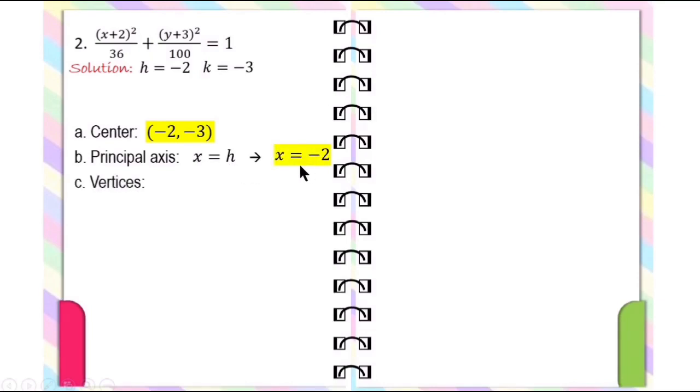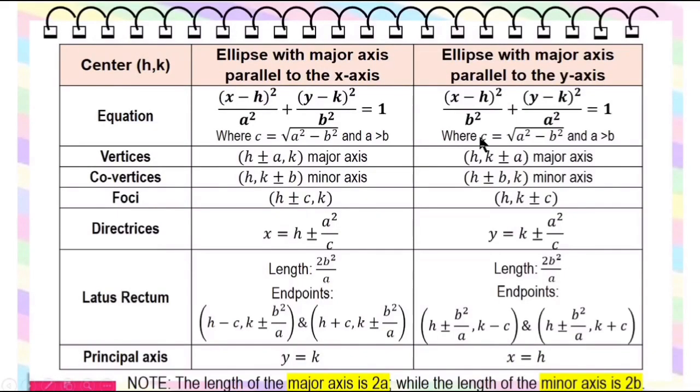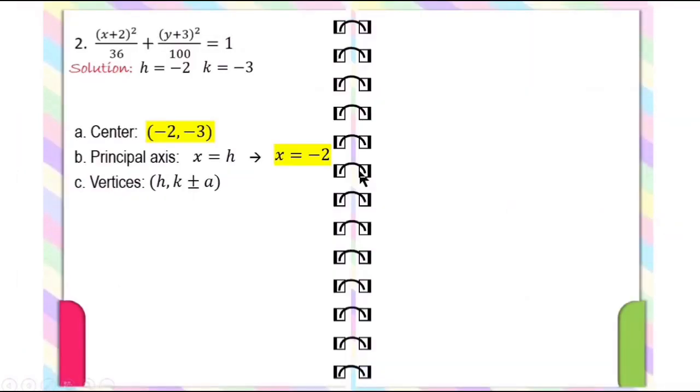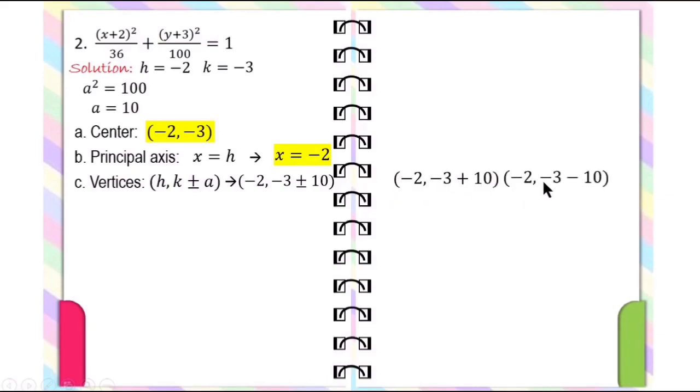The vertices are h, k plus and minus a. But first, we need to find a. Since a squared is equal to 100, a is equal to 10. Square root of 100 is 10. Thus, the vertices are -2, -3 plus and minus 10, which are -2, -3 plus 10, and -2, -3 minus 10.